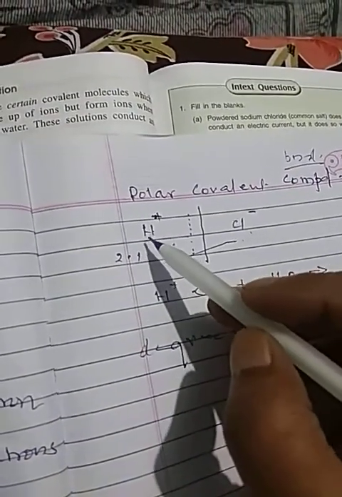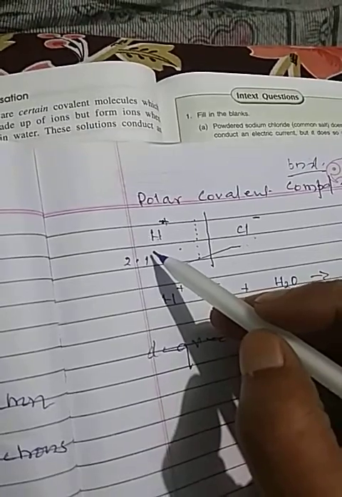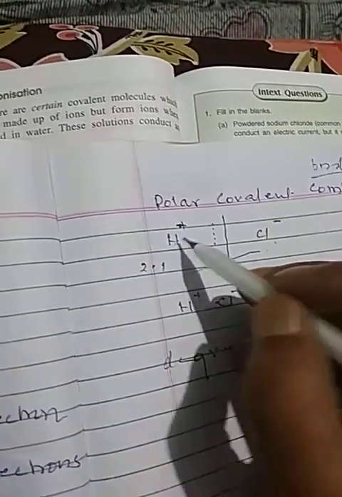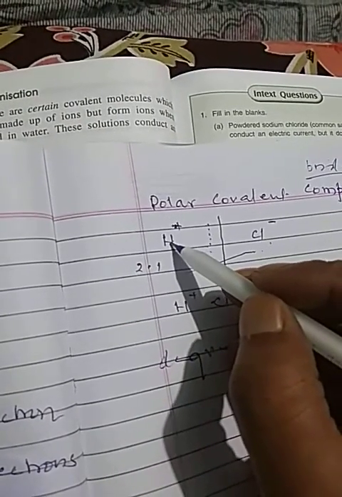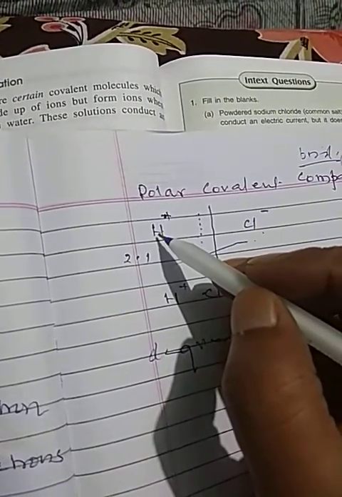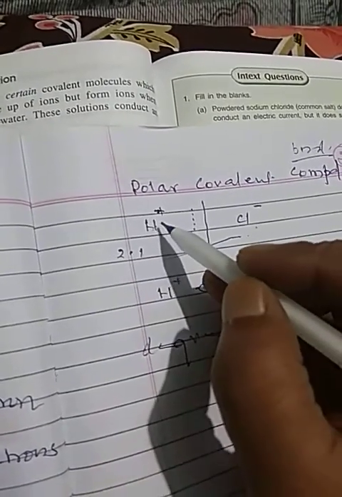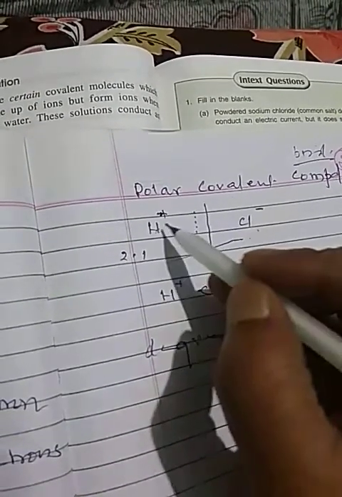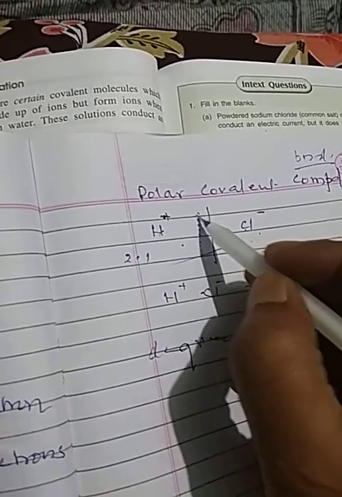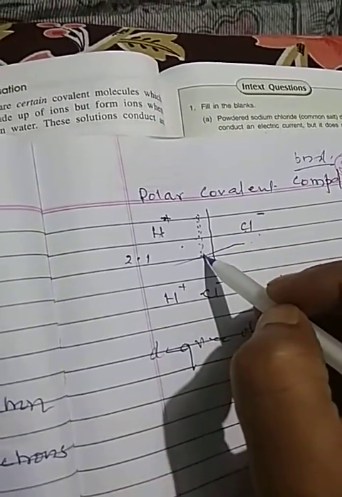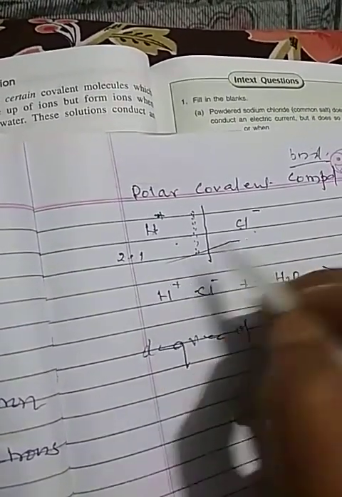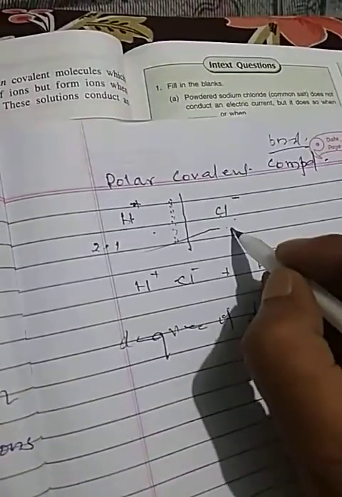In the periodic table, on page number 13, I think, Linus Pauling gave the concept of electronegativity: the tendency to attract the shared pair of electrons. Suppose hydrogen and chlorine share one electron each, so the pair should lie in between. But the electronegativity value of hydrogen is 2.1 and that of chlorine is 3.